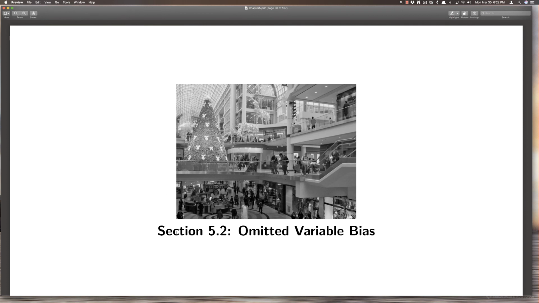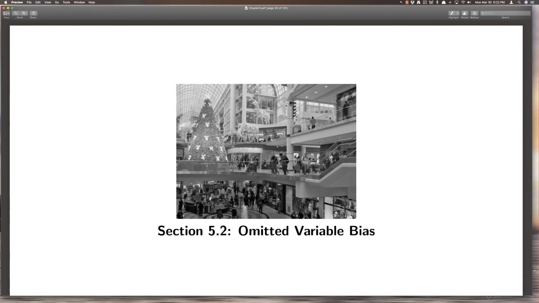In the next screencast for section 5.2, we're going to look at why this is called omitted variable bias. And we're just going to get very, very precise about what that means. We're going to have a little bit of math notation, but it's going to give us a much better way of thinking about when there is bias.